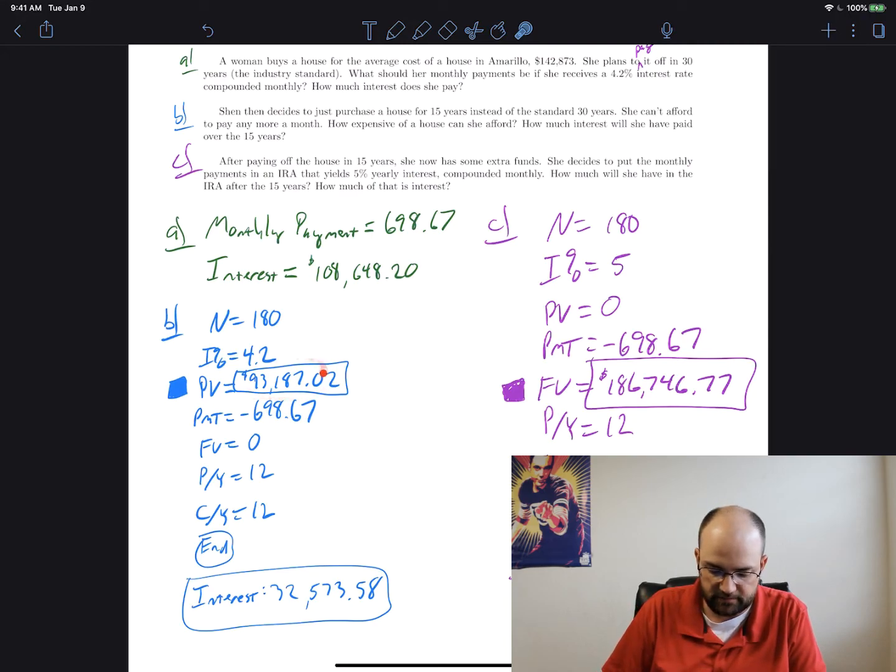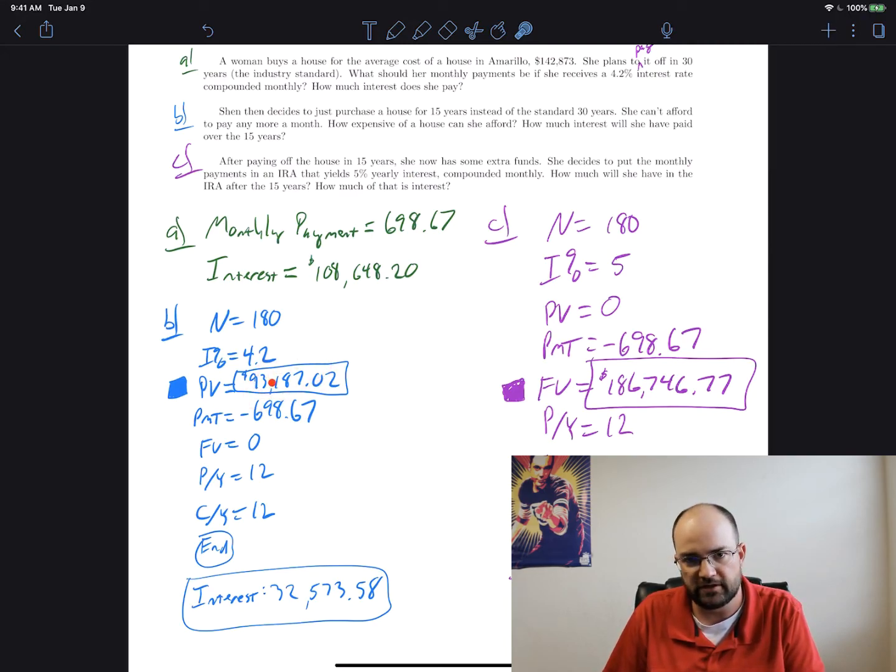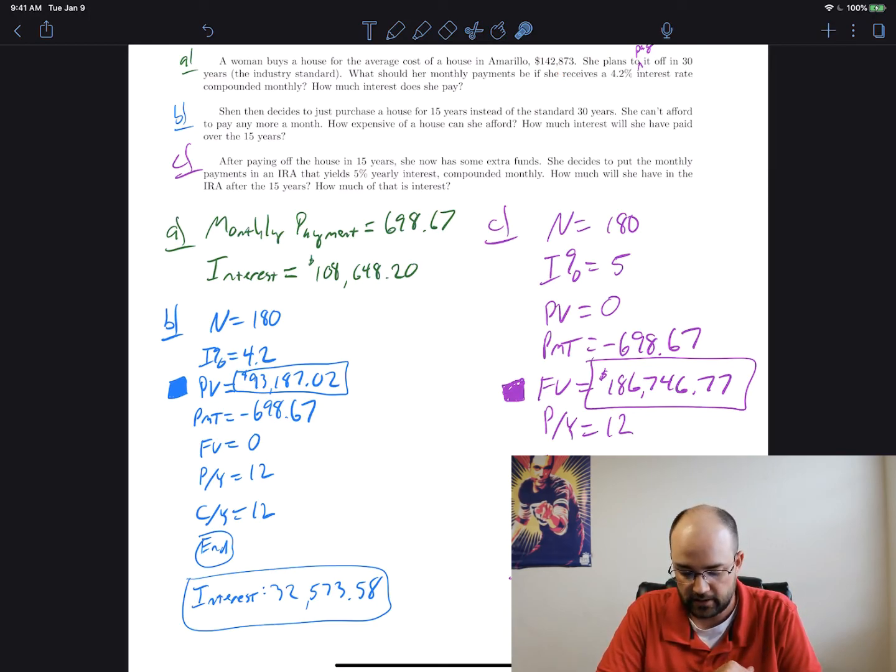And now this might be a little bit extreme, right? The $93,000 as opposed to $142,000. There's a lot of difference in those types of houses. But what's important for you to understand is that while, yes, the industry standard is 30 years, I beg of you, don't do 30 years. Do 20 at most if you can.